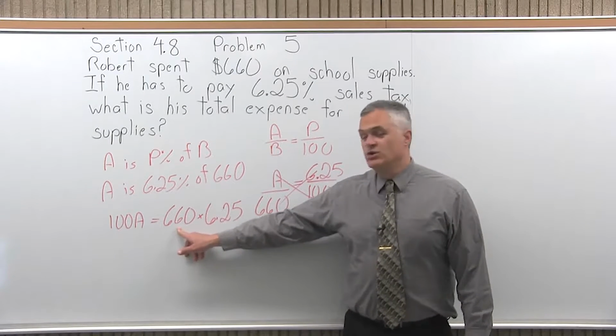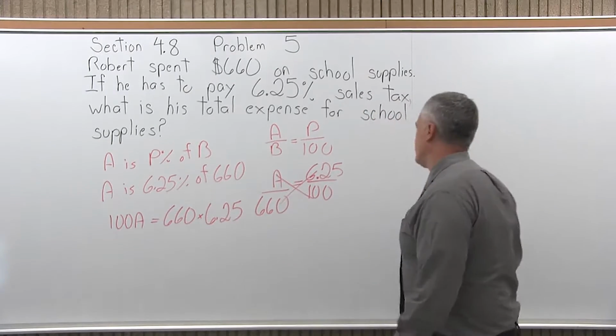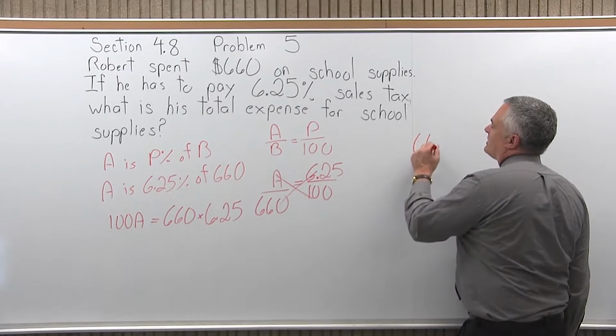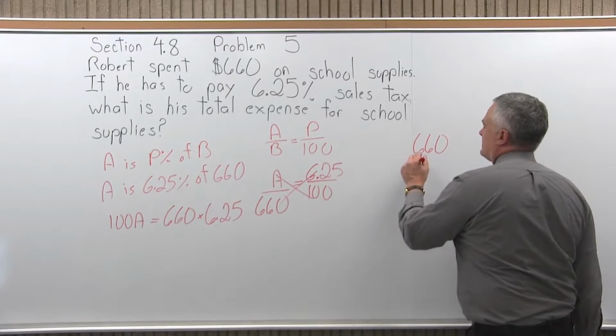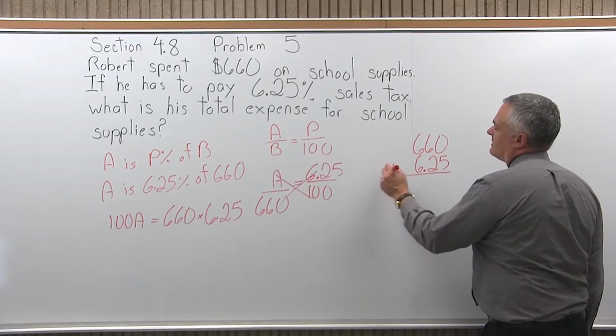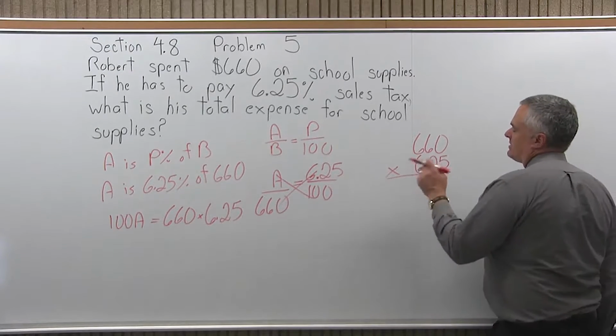So if you can use a calculator for your math class, just run it through the calculator and you'll get the answer. If you can't, what you have to do is off to one side, multiply 660 times 6.25. It's not the end of the world. It is a bit tedious, but just take your time, be careful.